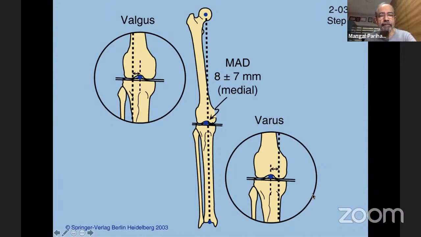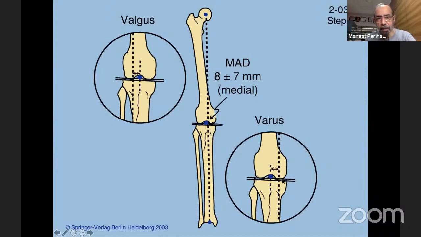The commonly used terms are varus and valgus. When we think about a deformity, we say varus is a medial or a lateral displacement of the mechanical axis. The mechanical axis of the limb is from the center of the head to the center of the ankle. Where does it lie in relation to the center of the knee? Is it medial?